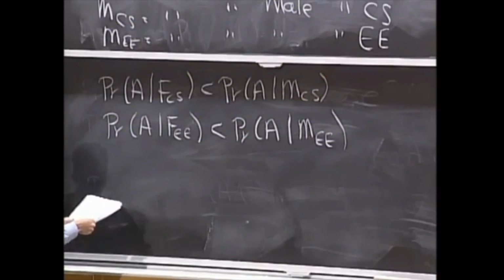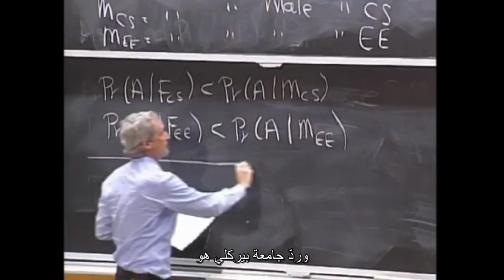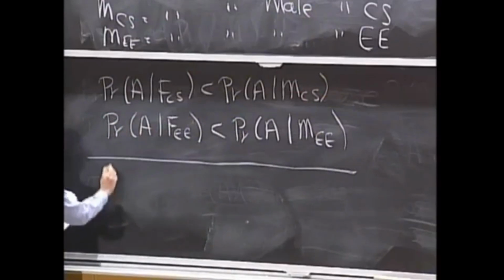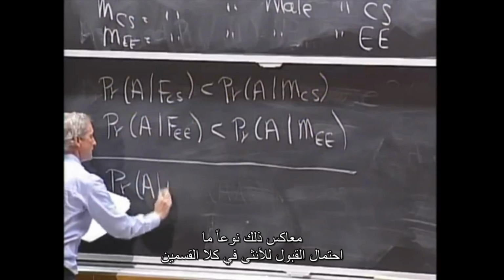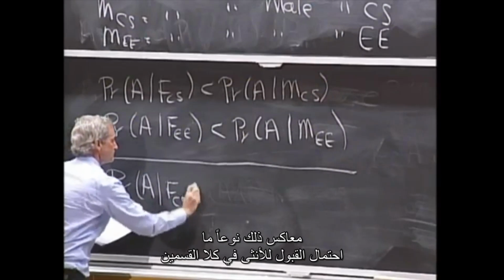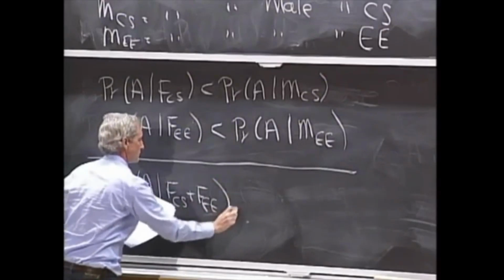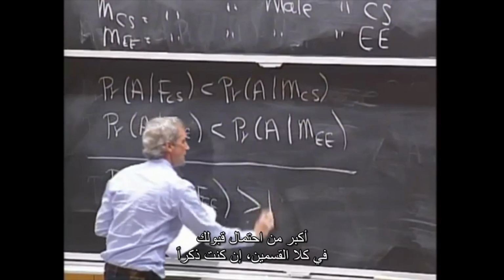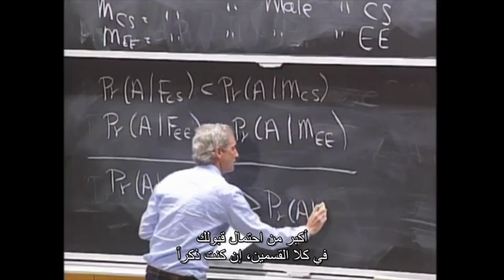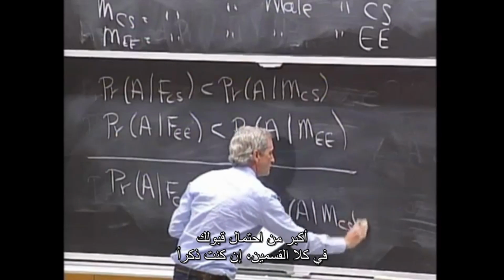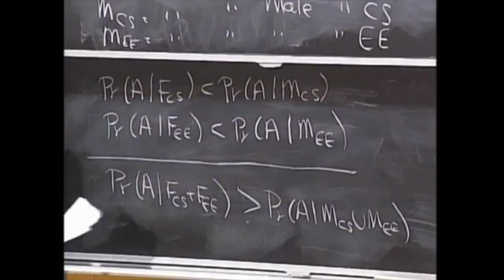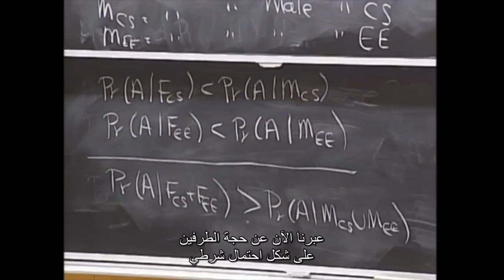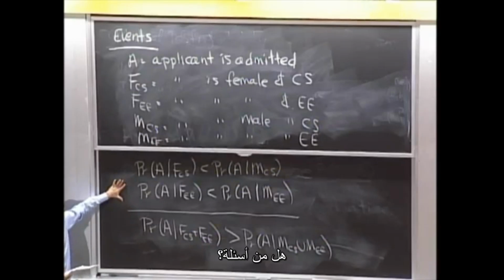Okay. Now, Berkeley is saying sort of the reverse. The probability that you're admitted, given that you're a female in either department, is bigger than the probability of being admitted if you're a male in either department. Okay, so we've now expressed their arguments as conditional probabilities. Any questions?